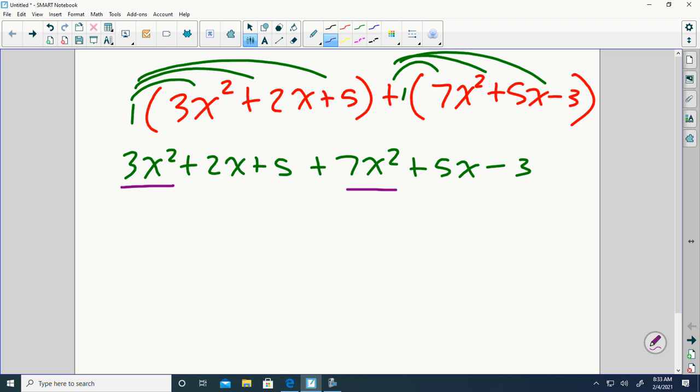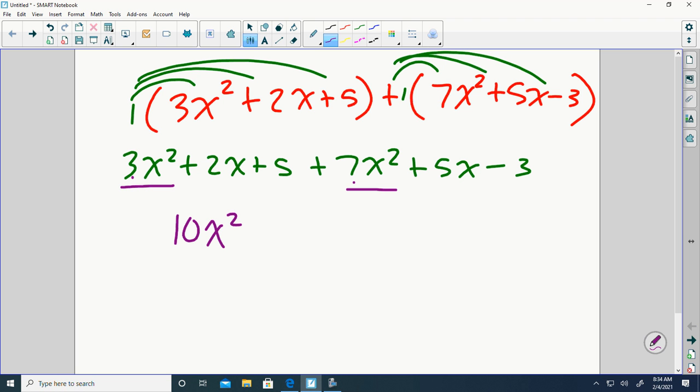When adding or subtracting, I can combine those together. I just count them up. So basically what I do is I go 3 plus 7 is 10. X squared stays x squared. The exponent doesn't change when I add or subtract. Now when we multiply in a little bit, it will. But right now it doesn't change.